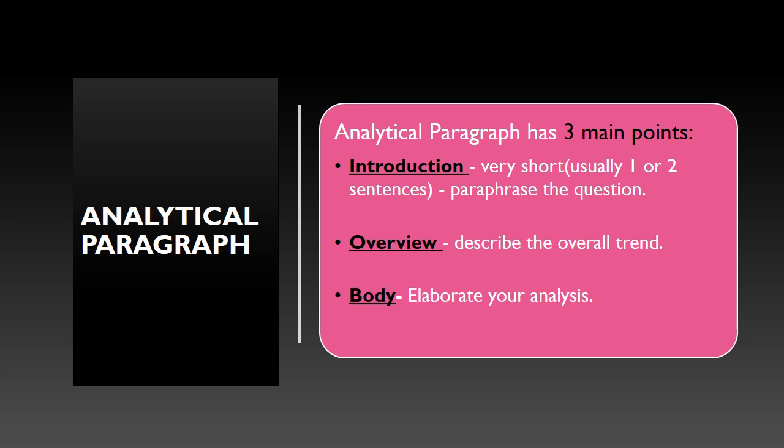Means the information which is provided in the question that you have to rewrite but in your own words. And the second is overview. Overview describes the overall trend. And then comes the body paragraphs. Here you have to write your analysis in detail.